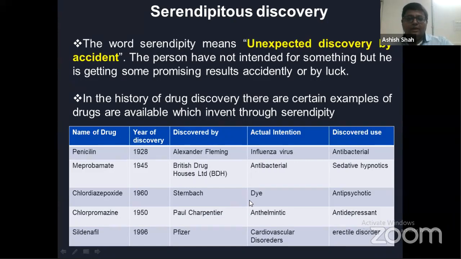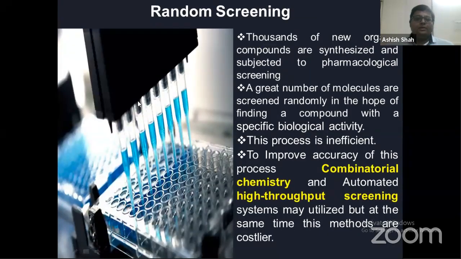Now, second thing is random screening. Random screening means you just collect thousands of molecules, synthesize them, and test the biological activity. If your luck is there, you may get success, or not.